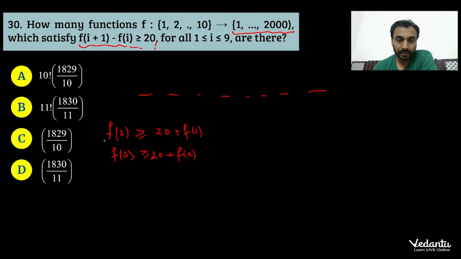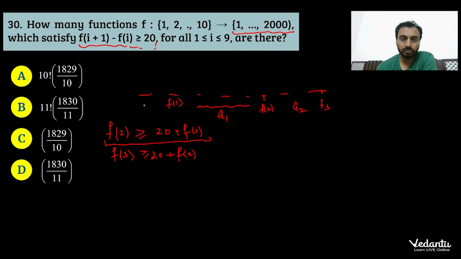So we can say from here that the numbers between f1 and f2 must be at least 19. If this is the value of f1 and this is the value of f2, then the numbers between these two must be 19, and then f2 minus f1 becomes 20. Say the numbers between f1 and f2 is a1, the numbers between f2 and f3 is a2, and the numbers before f1 is a0.